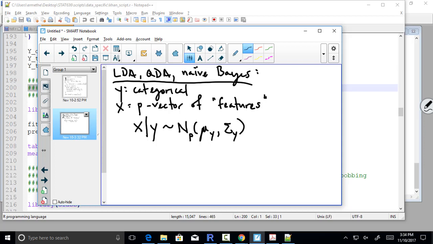In our case, we have 4 classes, 4 tumor types. So what we're saying is that the vector of gene intensities, the X1 through X2308, if you're in class 1, tumor type 1, that has a multivariate normal distribution with a mean and a covariance matrix that's specific to class 1. If you're in class 2, you're again multivariate normal, but you're allowed to have a different mean and a different covariance matrix.